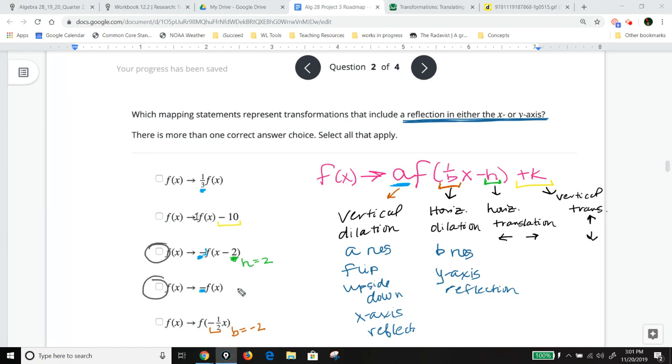This guy is also a negative a value, which would make the graph go upside down, reflecting it over the x-axis. And then lastly, this guy, since my b is a negative, I would be flipping it over the y-axis. So that's the mirrored image right there. So that, my friends, is question 2.